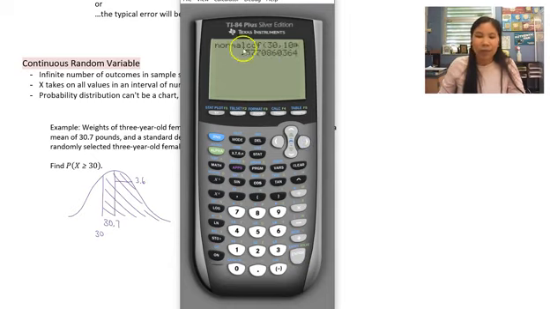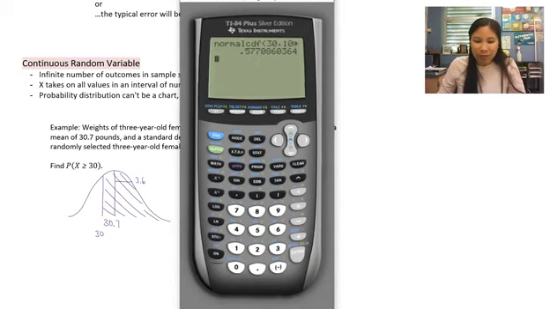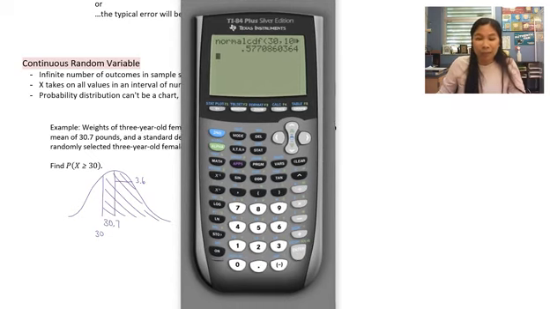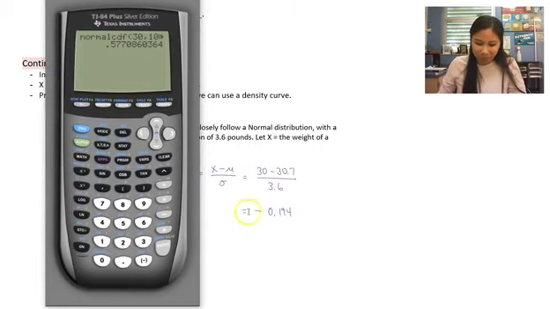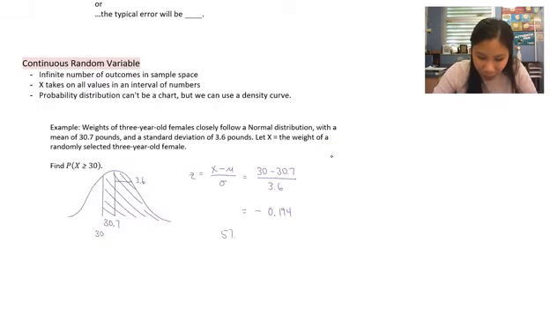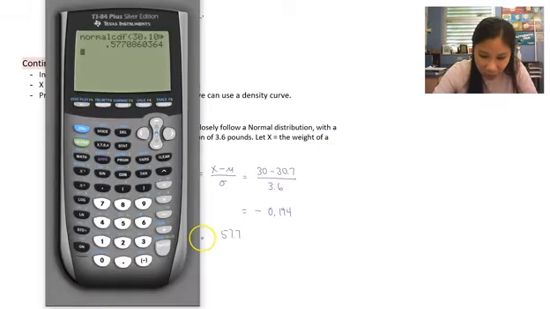Hit enter. This will be the probability, or the percentage if you want to think about it that way. So basically this takes the place of using your table A. We technically don't have to use that anymore. Even calculating a z-score is not as necessary, except because this is a math class, obviously we're going to show all our work. The percentage would just end up being 55.71%.